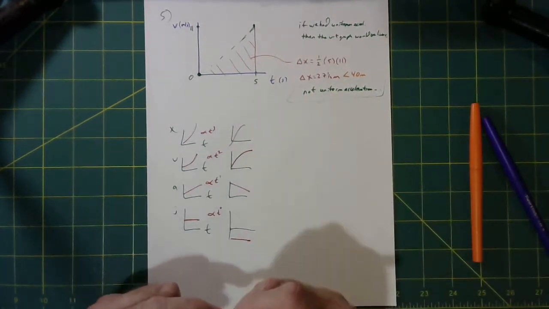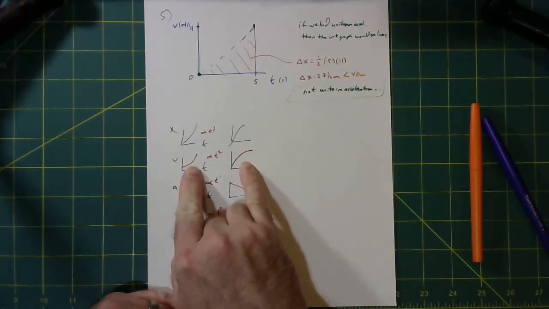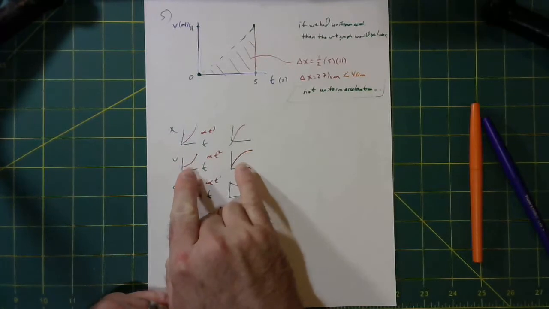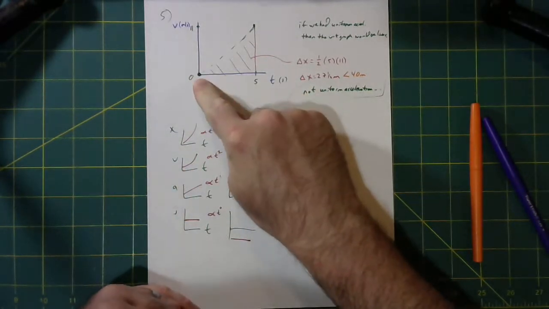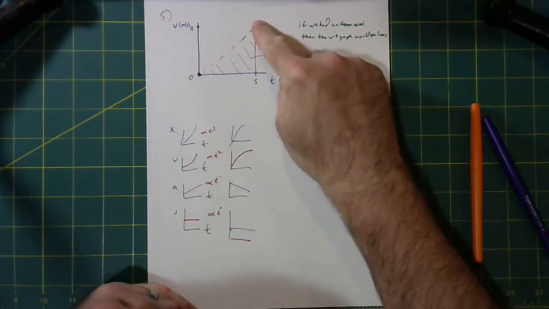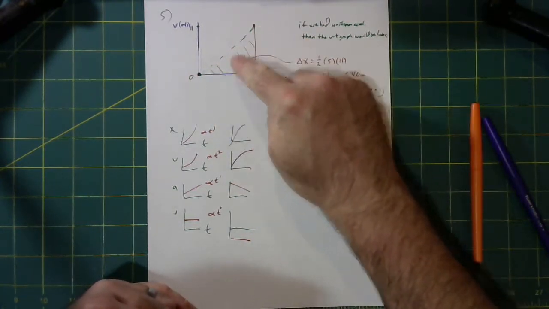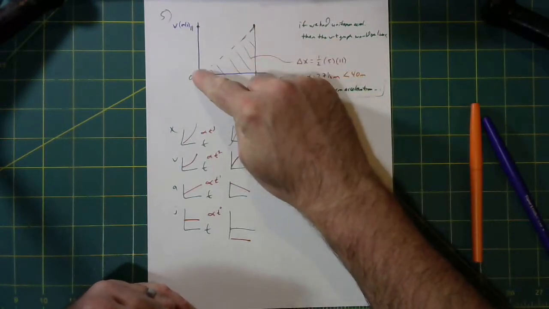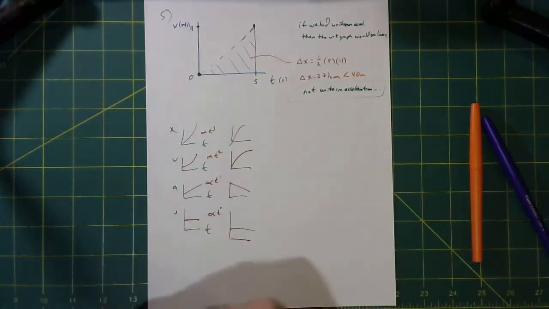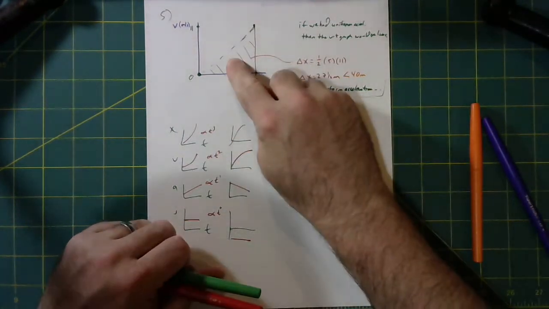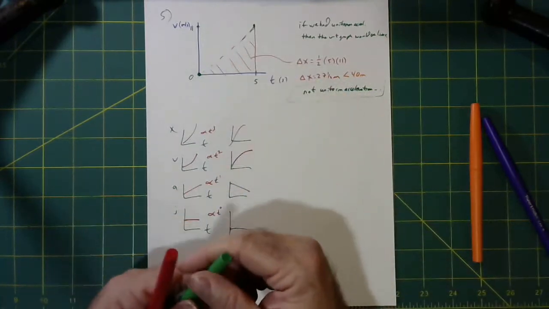Anyway, point is, you say, which one is it? Which of these shape graphs are we talking about here? Knowing that we're going to start from 0, 0 and end at 5, 11, which way do I need this to curve? An upward opening curve or a downward opening curve? Well, gosh, I need to get more area, a bigger displacement than 27.5, so I need more area under it.